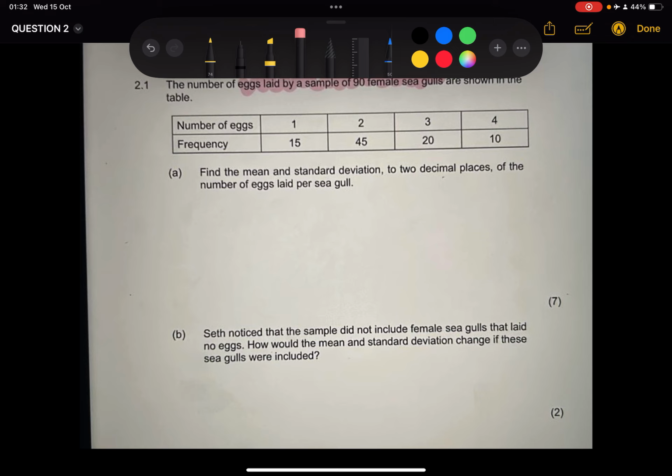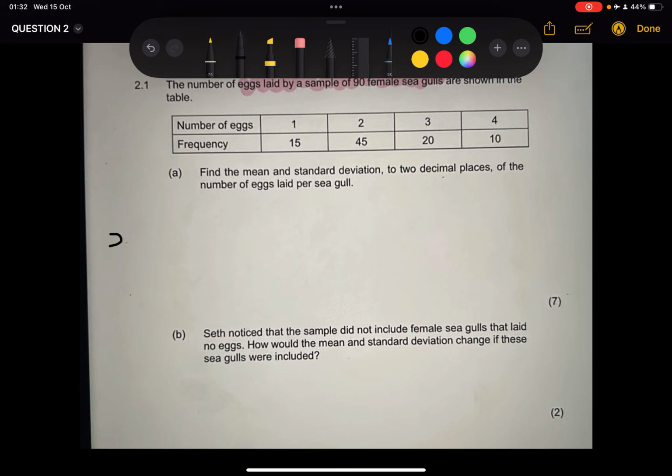Weighted averaging, we basically multiply each number of eggs by the corresponding frequency, and then add them together and divide by the total number of things, seagulls in this case, right? So let's do that.